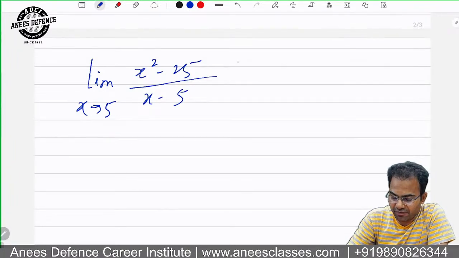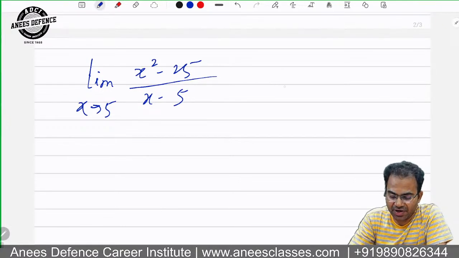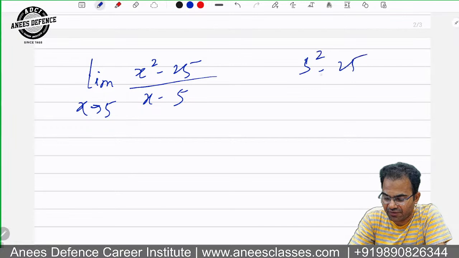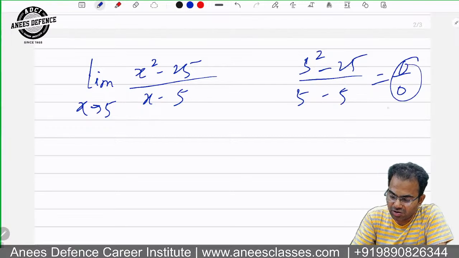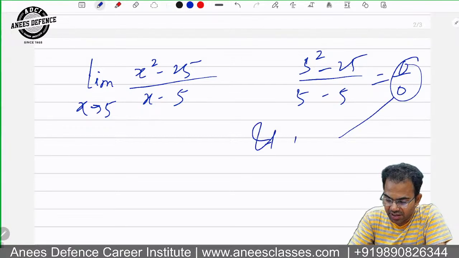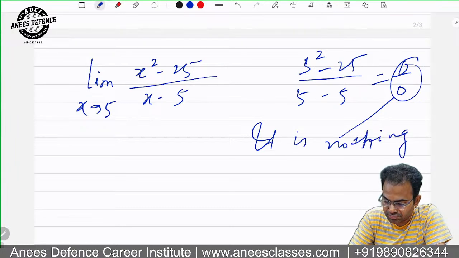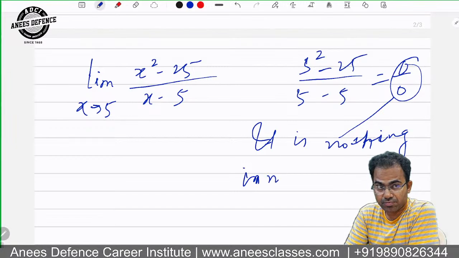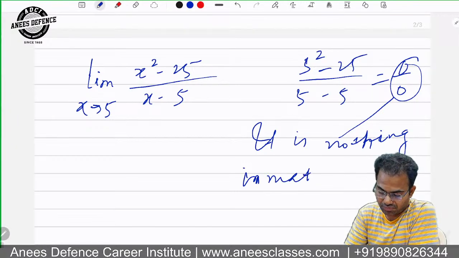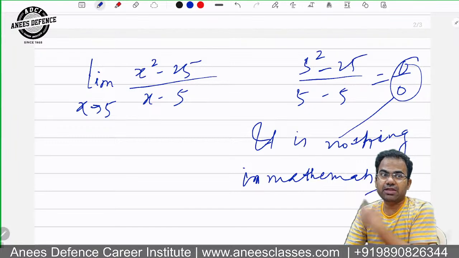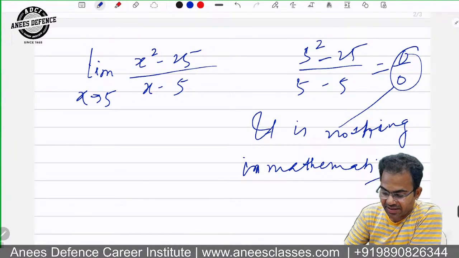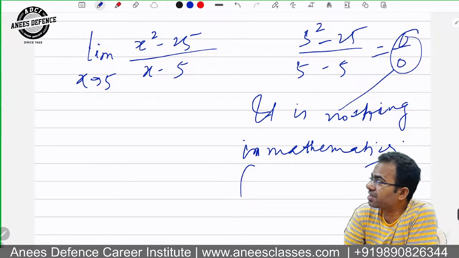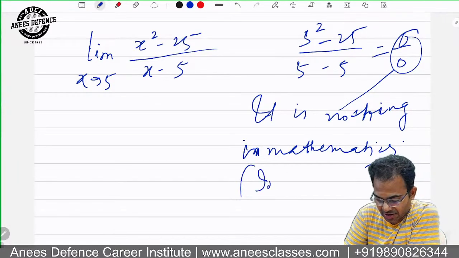If I put exactly 5 in place of x, 5 square minus 25 over 5 minus 5, it is 0 upon 0. 0 upon 0 is nothing in mathematics. One word substitution for it is nothing in mathematics is called indeterminate.